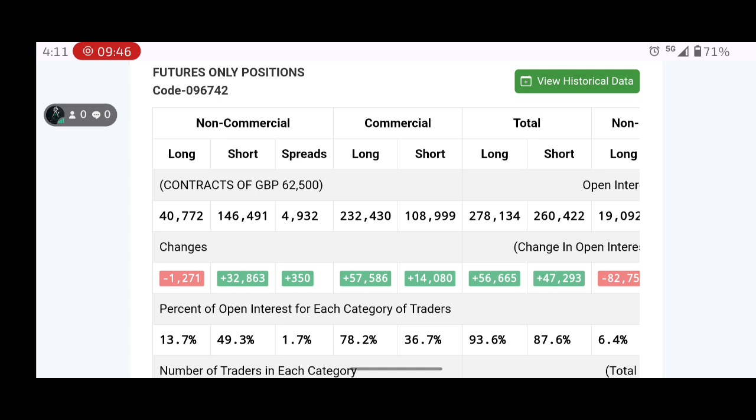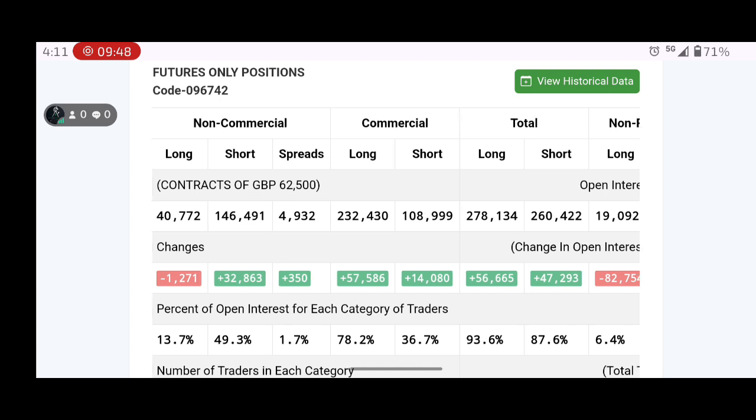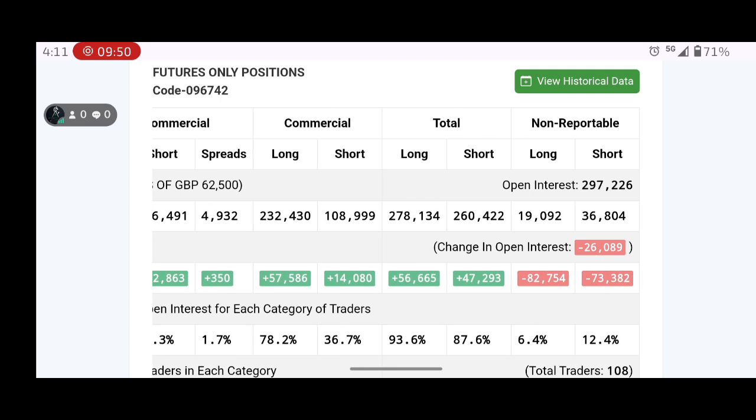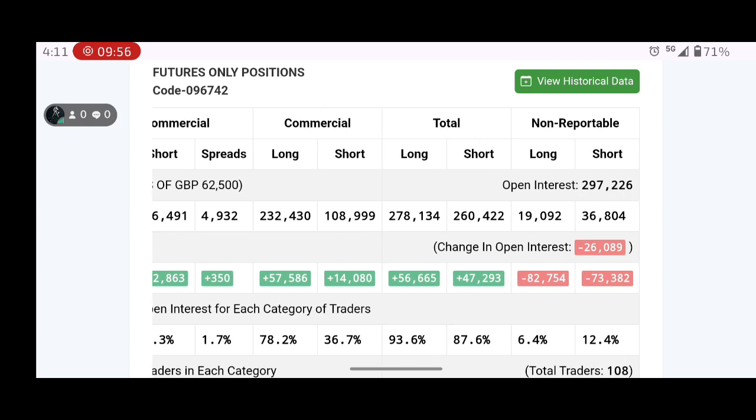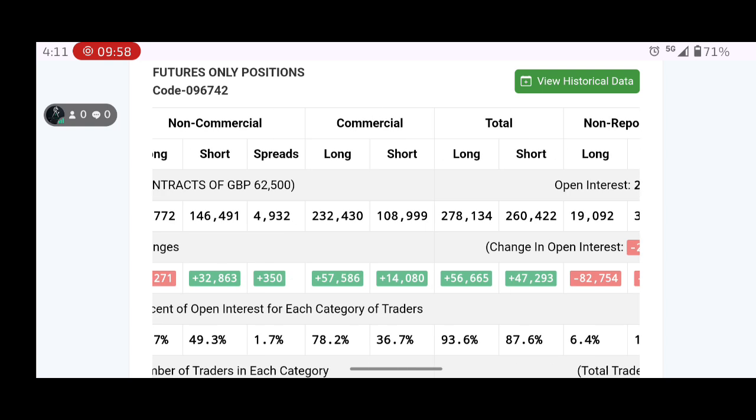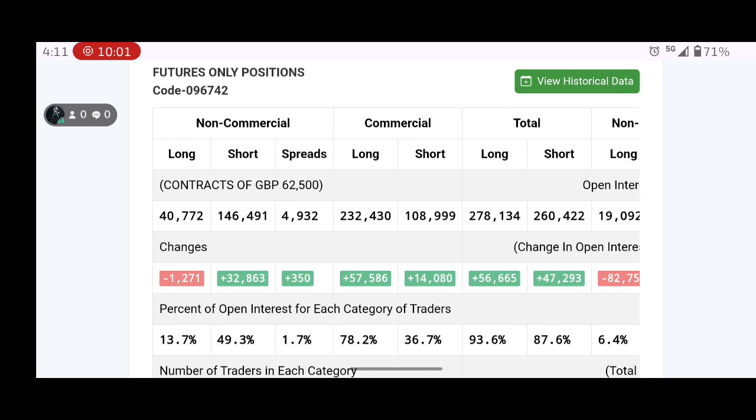Here you can see the commercial, non-commercial, the total, and non-reportable. We are not going to use the non-reportable, the total, or the commercial. We are going to use the non-commercial, because of intraday trading.